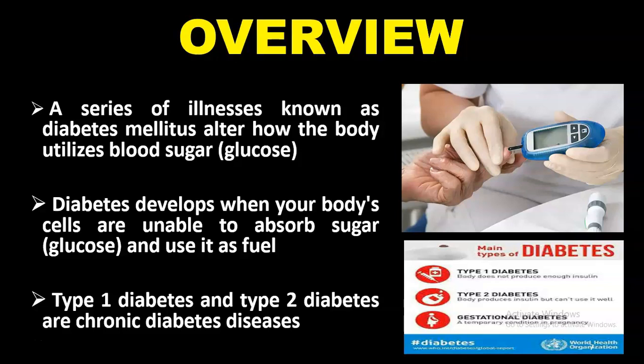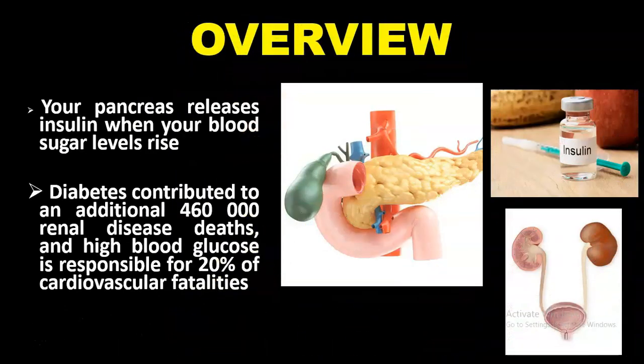The majority of the food you consume is converted by your body into sugar or glucose, which is then released into your bloodstream. Our pancreas releases insulin when your blood sugar levels rise. In order for blood sugar to enter your body cells and be used as energy, insulin functions like a key.